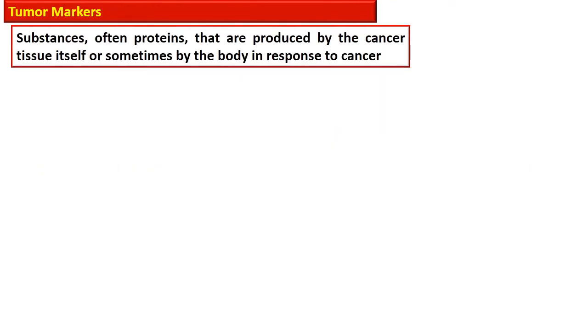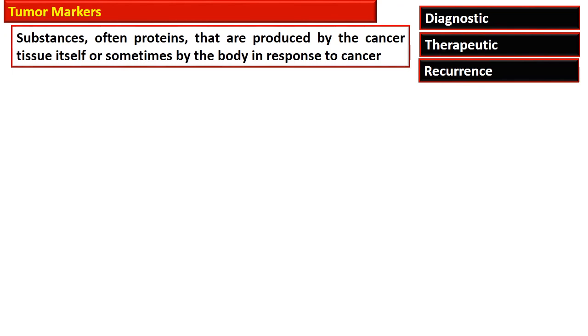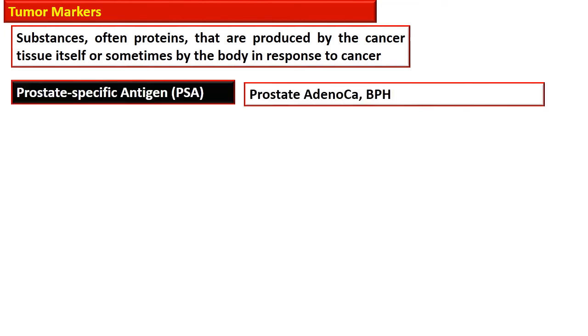Tumor markers are substances, usually proteins, produced by the cancer tissue itself or sometimes by the body in response to the cancer. They have diagnostic and therapeutic value, and they are also important in the recurrence of a tumor.